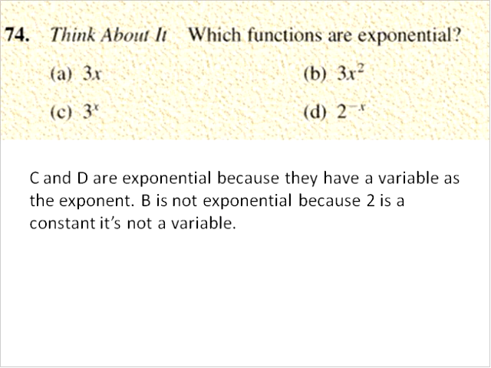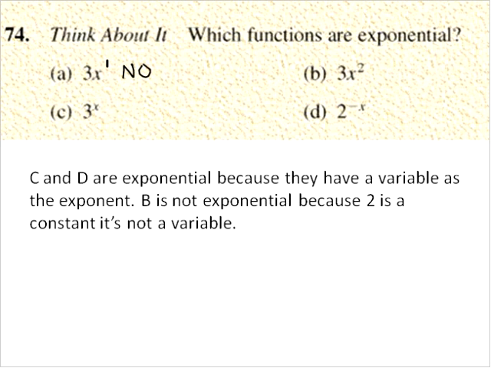The last question is, which functions are exponential? In order to have an exponential function, you must have a variable in your exponent. Notice that a does not have a variable in its exponent. It is just 1. That is not an exponential function.